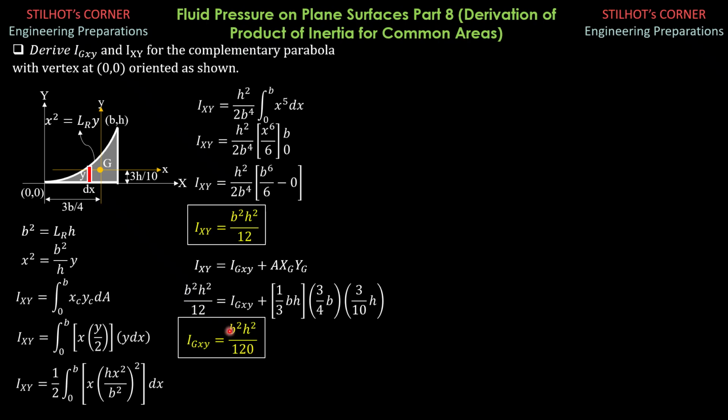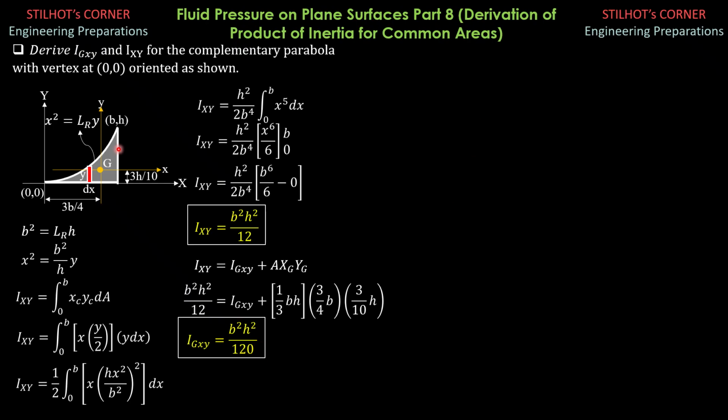It is also positive because, if these are the centroidal axes, the greater area lies in the first and in the third quadrant. Imagine this is the origin, the centroidal axes. So most of the area lies in the first and in the third quadrant, so positive product of inertia: b squared h squared over 120.